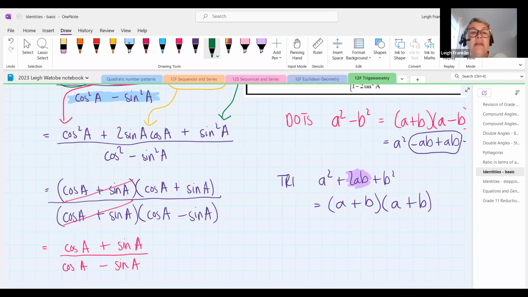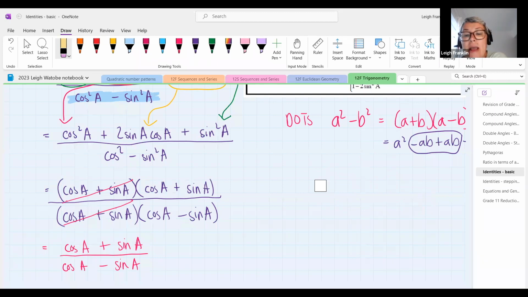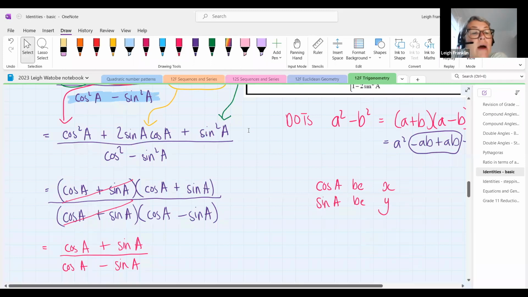Then what I was trying to do is get you guys to understand that cos squared A plus 2 sin A cos A plus sin squared A, if I said let cos A be x, and if I said let sin A be y, I can write this expression at the top here in terms of x's and y's.